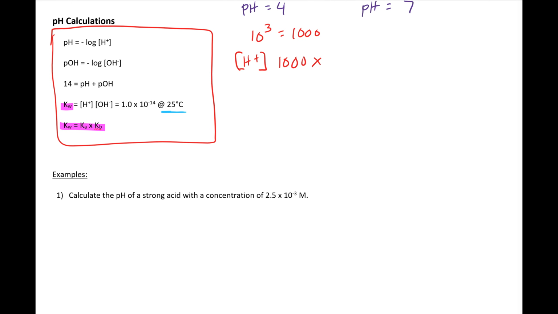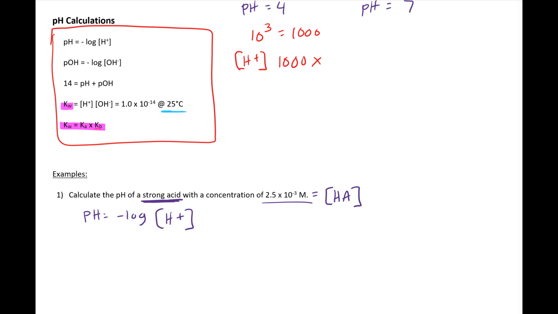Number 1 here. Let's calculate the pH of a strong acid with a concentration of 2.5 times 10 to the negative third molar. This word strong acid is very important because that tells me the concentration of hydrogen ions. Because I know pH equals negative log of H plus, I need to plug in the molarity of H plus. Because this is a strong acid, this is the molarity of HA, the strong acid.